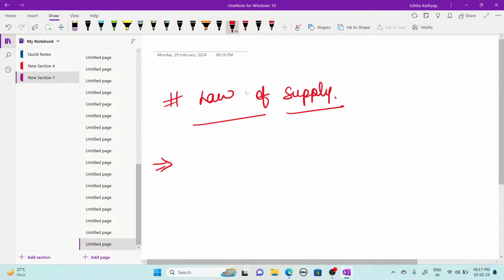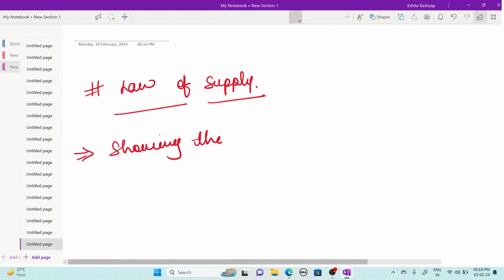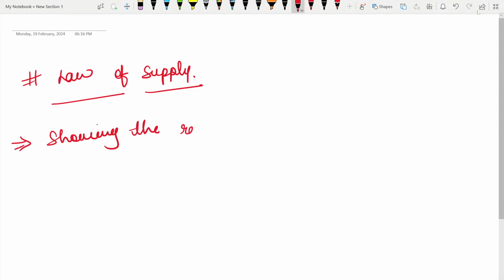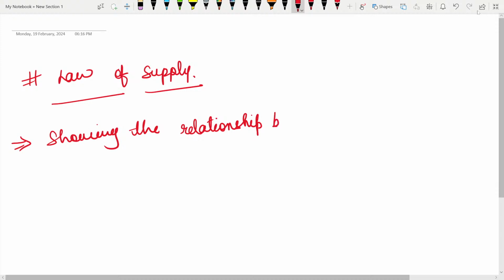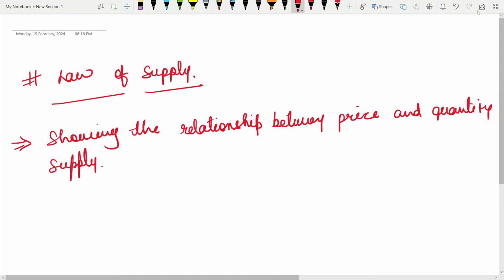But if we talk about the law of supply, we are talking about the relationship between price and quantity supplied. Basically we can also say that other things remain constant.